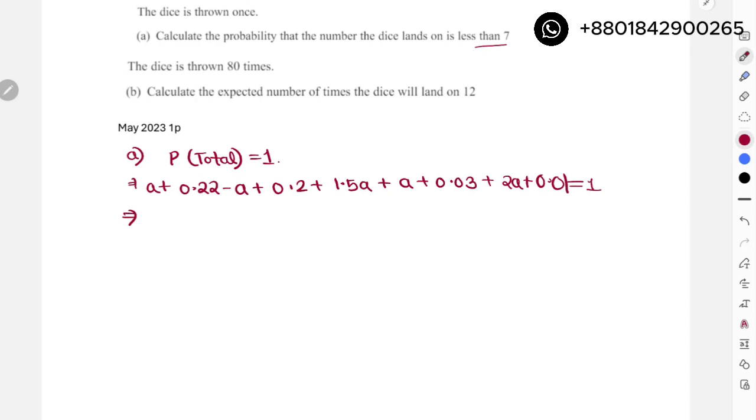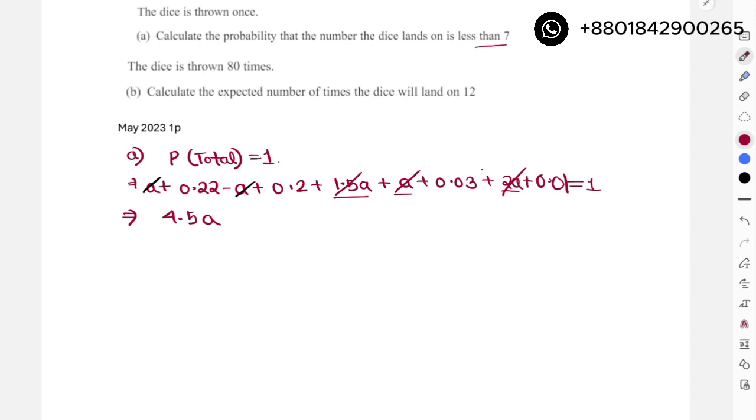Okay, in that case A and minus A cancel out, and then you have A, 1.5A and 2A, so it will be 2, 1.5 and 1, that is 4.5A, and I'll just remove them because I've already used them. Other than that, on the number side you have 0.22, 0.2, 0.03 and 0.01.